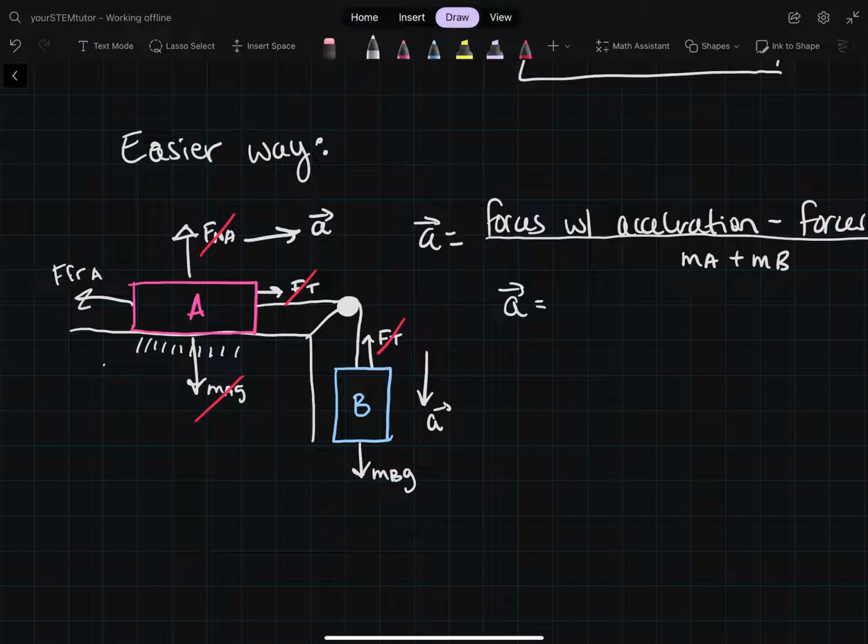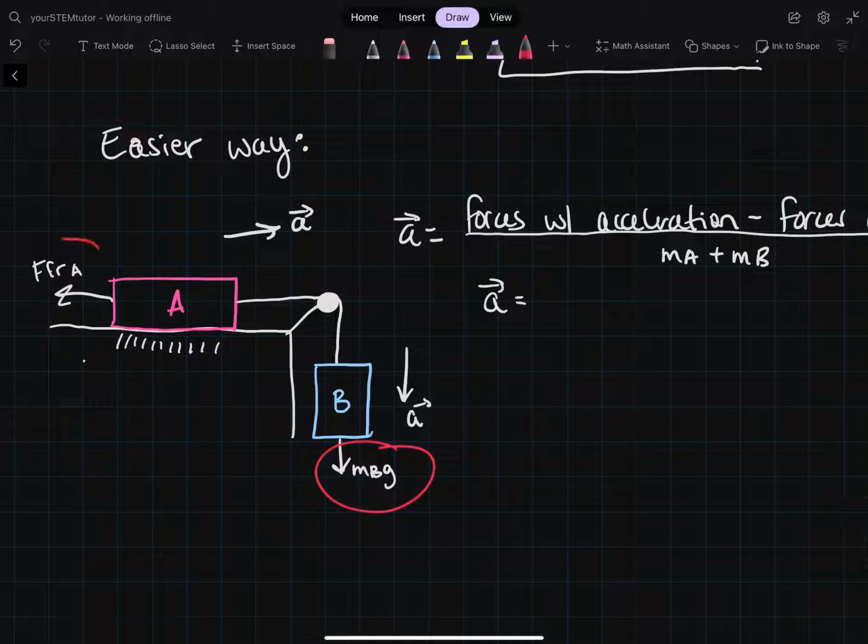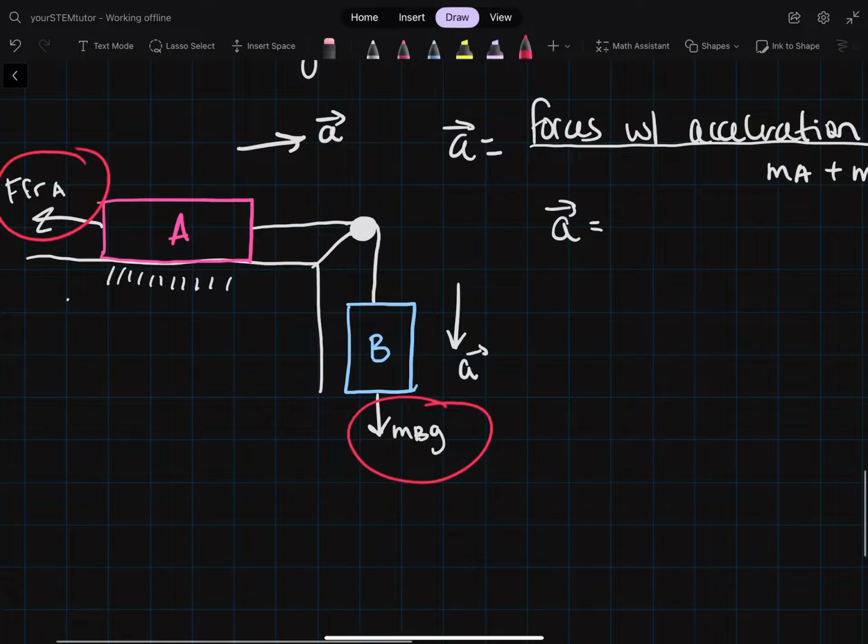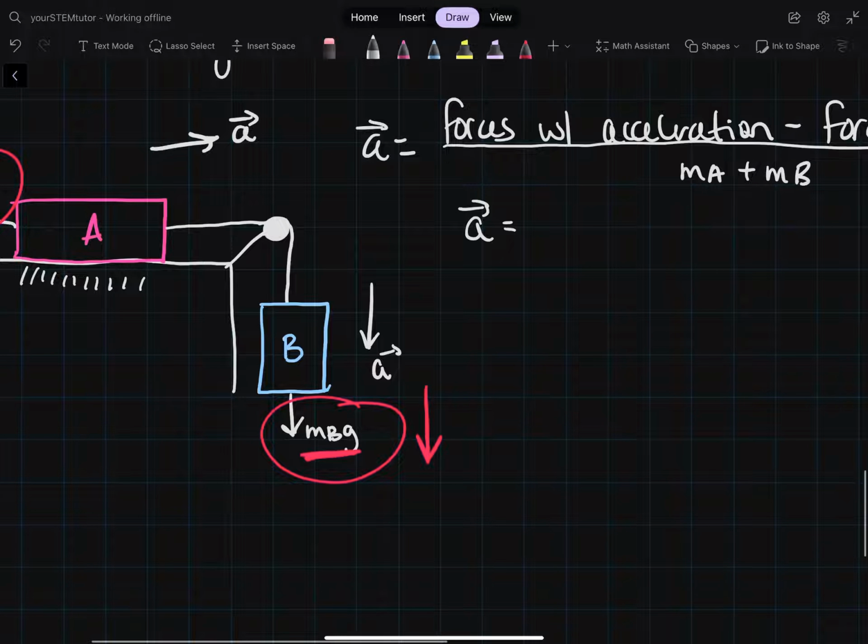So what forces are with the acceleration that are even left? Let's take away the forces we don't even need. We don't need this one. That one's gone. That one's gone. So we only have two forces left that we're even going to consider. One here, one here. The gravitational force of B is in the same direction as the acceleration overall, so it'll be positive in this case.